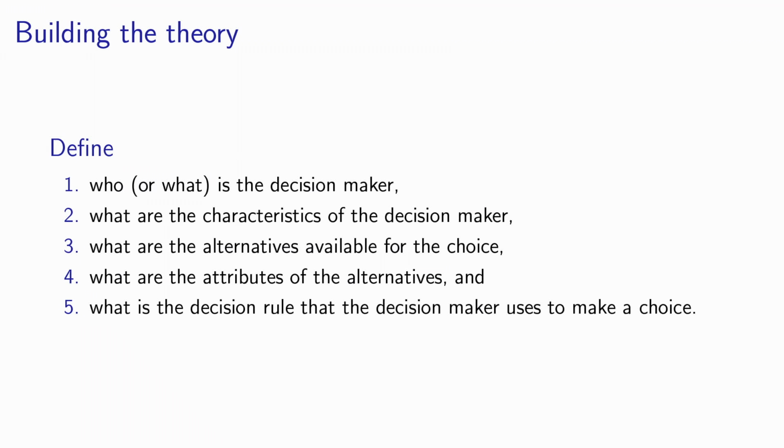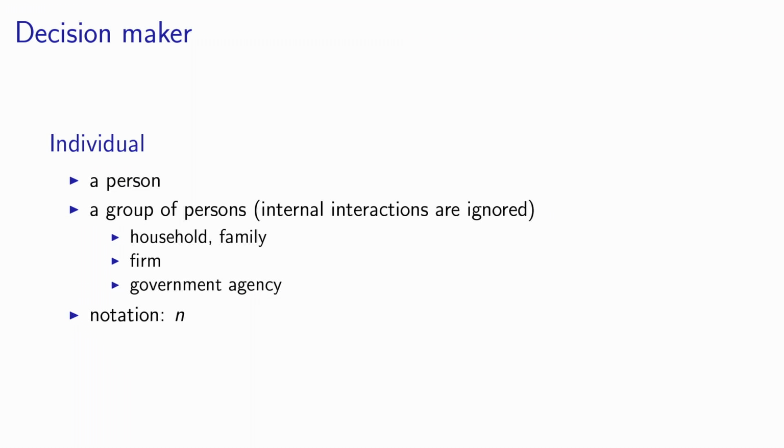The next step will be to identify variables that describe these alternatives. We will call these variables attributes. And finally, once we have collected all this data about the decision maker and the alternatives, we need to identify the algorithm, the decision rule that the decision maker is actually applying in order to come up with a choice.